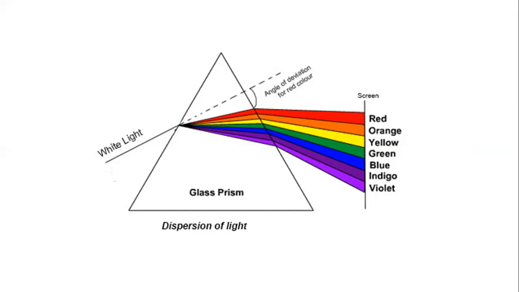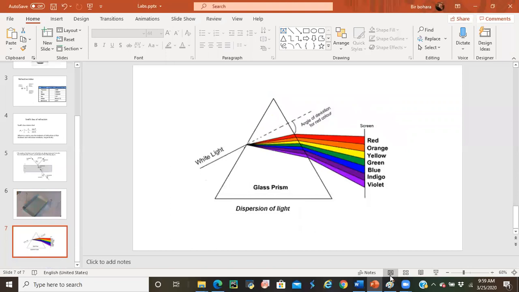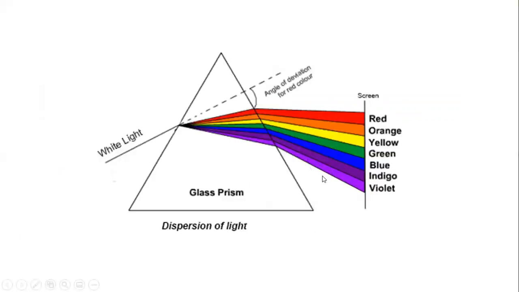When white light passes through a glass prism like this, the bending of different frequencies, different wavelengths of light, will be different.